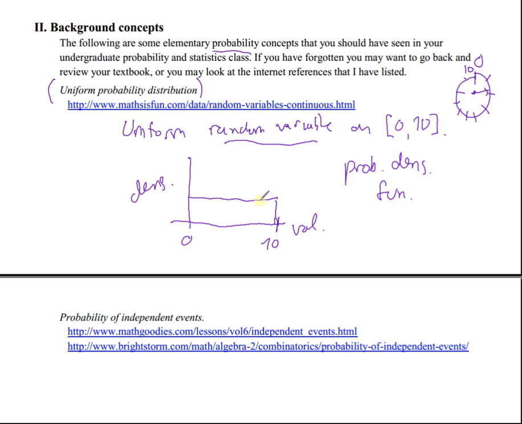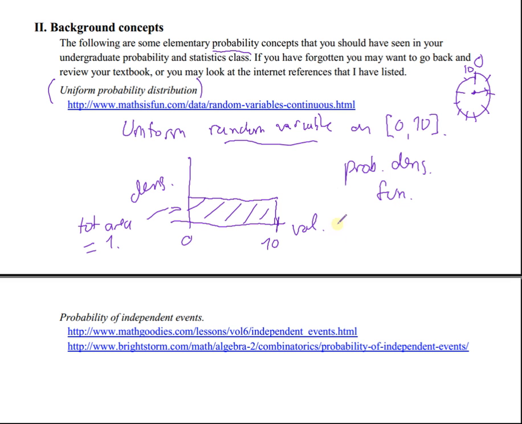But the density has to be arranged so that the total area is equal to 1. The total area corresponds to the total probability, and probabilities always need to add up to 1. Now, if I want to compute probabilities of specific events, I can use this density function.